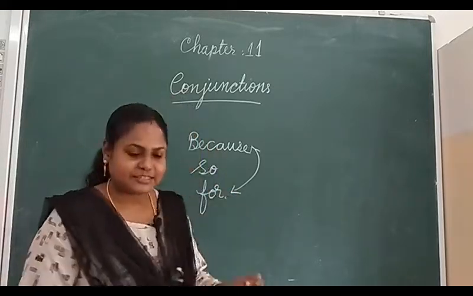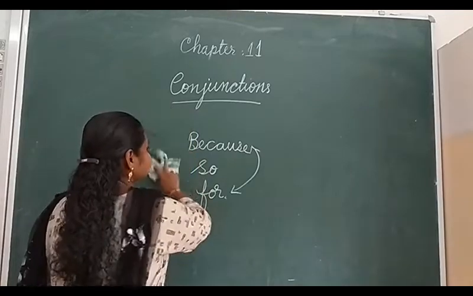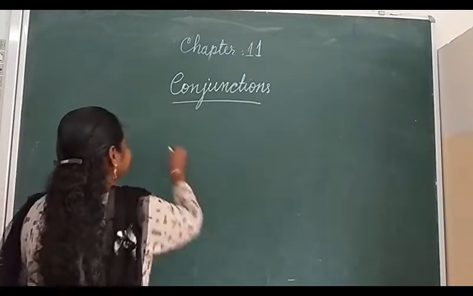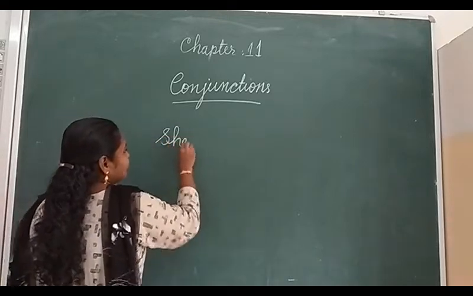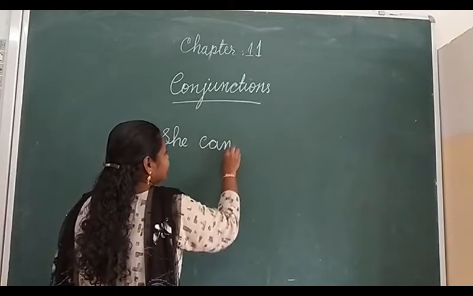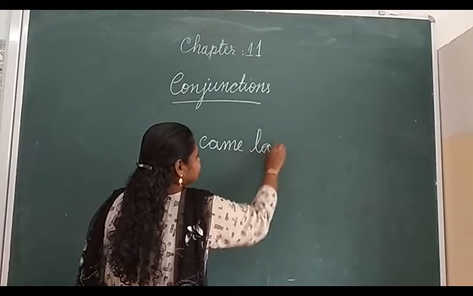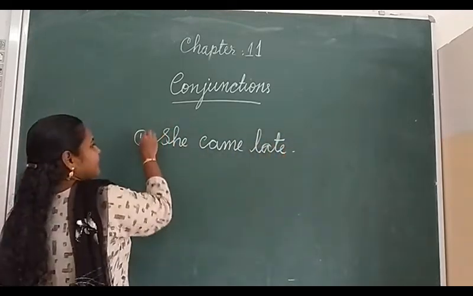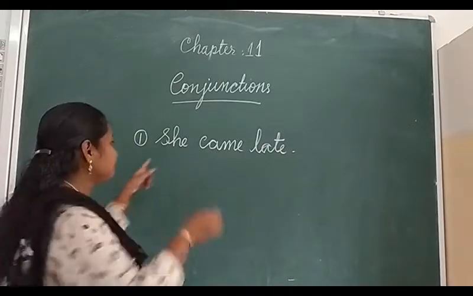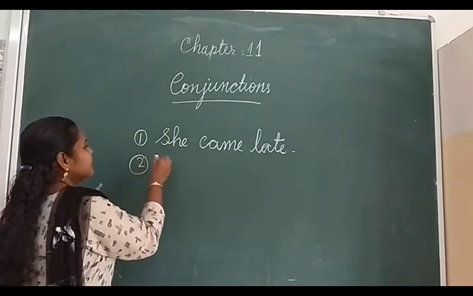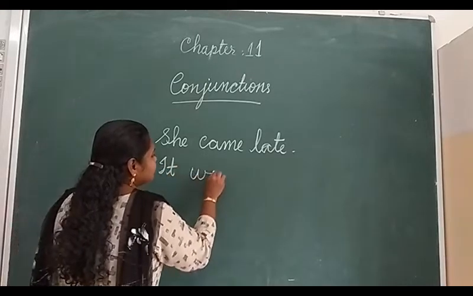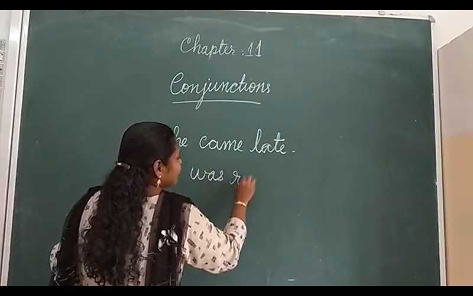For example, we can say: she came late. This is the first sentence. And the second sentence is: it was raining.